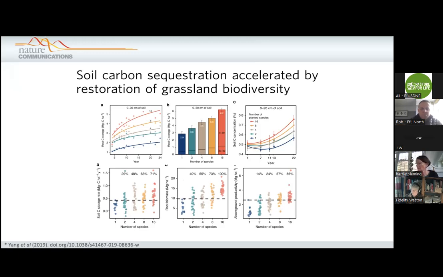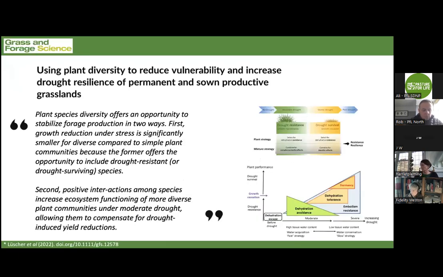So yes, diversity also helps to build soil carbon, and it also helps to increase drought resilience. And I know you folks have had a very wet winter, but you have had quite a few dry summers in the past recent years, in the last 5 years or so, as has a lot of Europe.